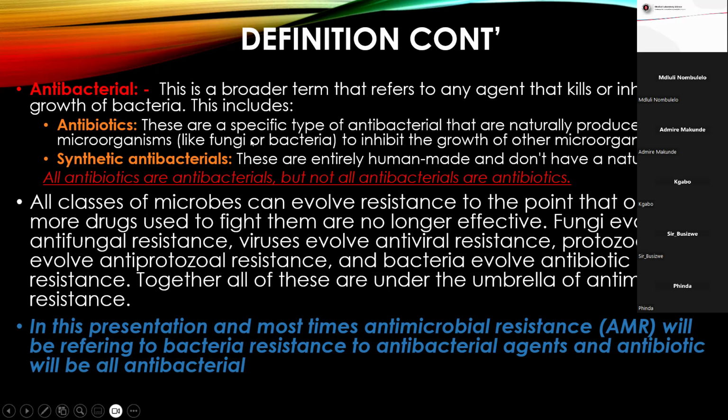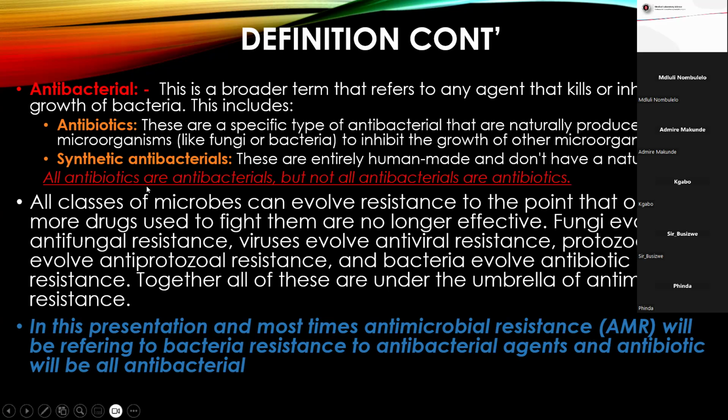Then synthetic ones are man-made. There's no natural production; those are chemicals produced by humans that don't have a natural origin. We're talking about ciprofloxacin. Those are man-made.